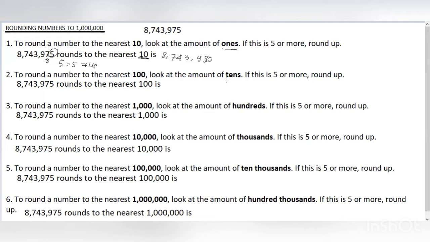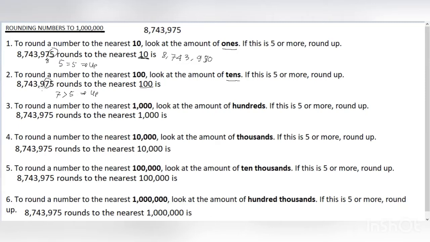The second one: to round a number to the nearest 100, look at the amount of tens. If this is 5 or more, round up. So the example here: we need to round the number to the nearest 100. Don't forget, we need to see the tens. The tens here is 7. 7 is greater than 5, so we also round it up.